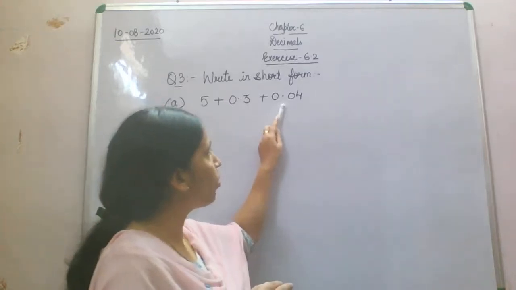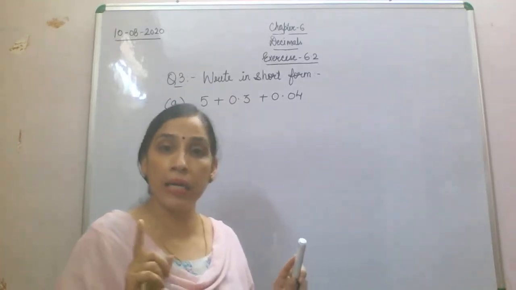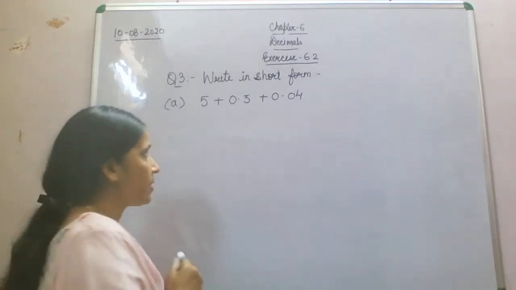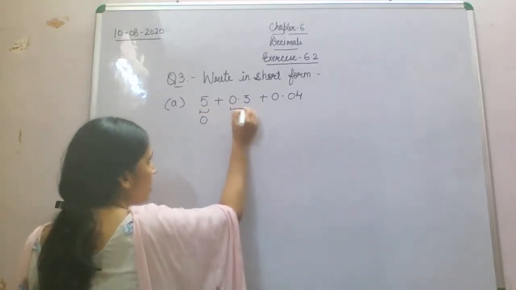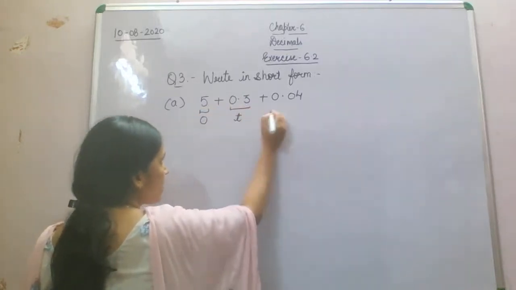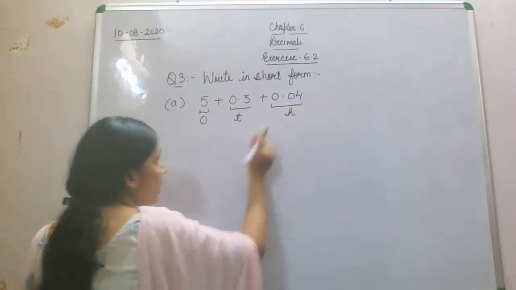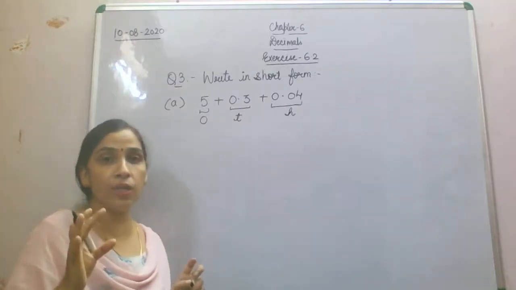Then 0.04 means 4/100, meaning after the decimal this is the second place. If you write their place values, this is ones, this is the tenths place, this is the hundredths place. Why have I written it like this? To make it clearer in your mind.